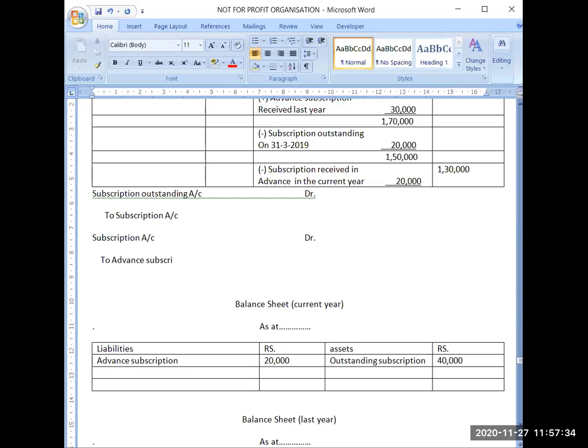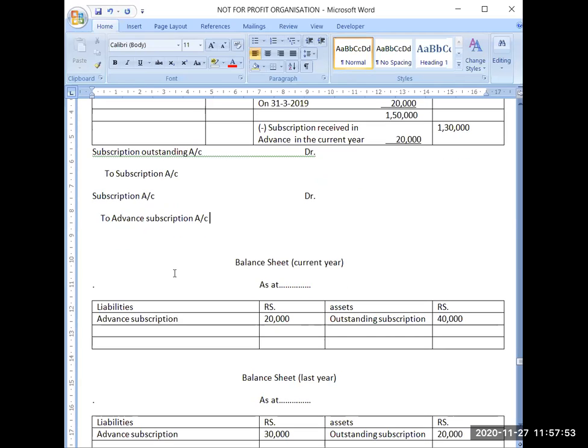Last year you would do this entry for accounting the advance subscription. You will reduce the subscription account by the amount of advance subscription, and because it is a liability, that's why it will be credited to advance subscription account.